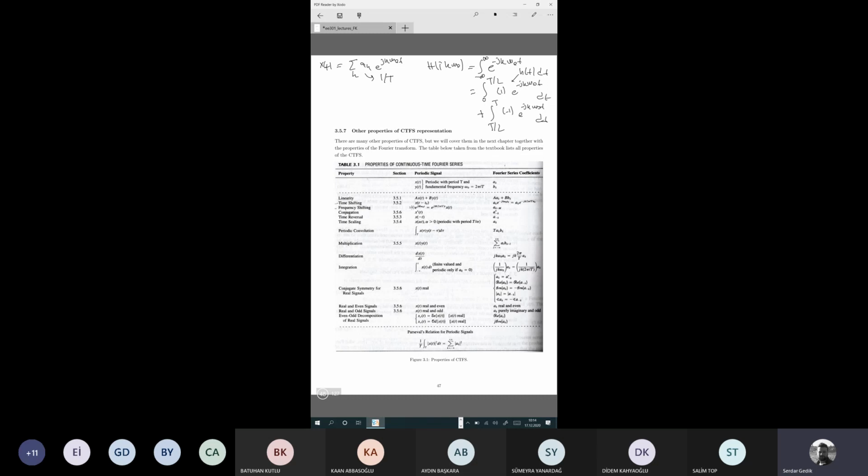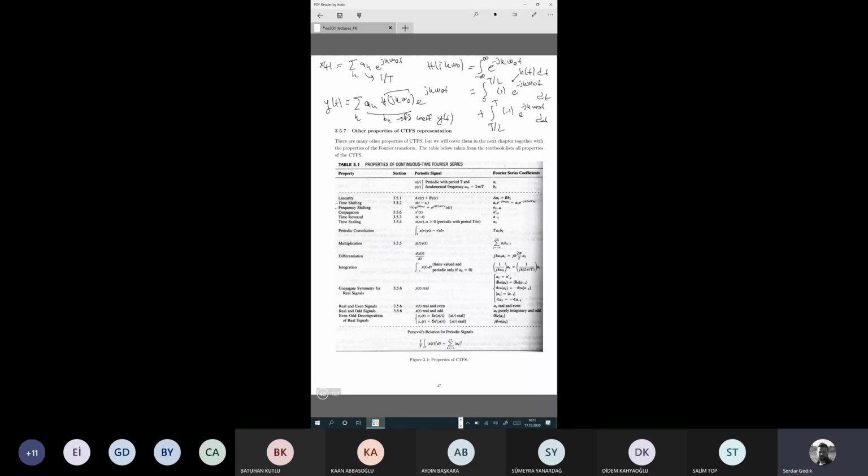Now you can easily calculate H(jk omega 0), then you can find your y(t) as the summation over k of a_k H(jk omega 0) e to the power jk omega 0 t. And this a_k times H(jk omega 0) is, let's call this b_k, and this is the Fourier series coefficients of your y(t). So the rest is, of course, your homework. You can obtain this H(jk omega 0) and find b_k easily.